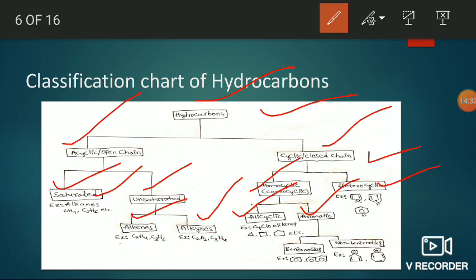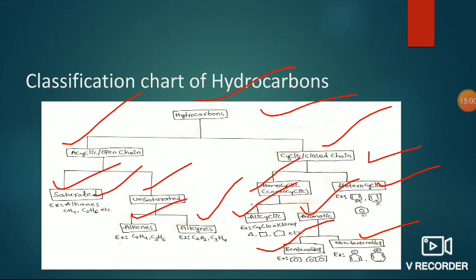Aromatic compounds are further classified into benzenoid or non-benzenoid compounds. Benzenoid compounds contain benzene rings, such as benzene, naphthalene, etc. Non-benzenoids don't contain benzene rings but show aromaticity. Okay, this is all about the classification of hydrocarbons. Okay, fine.